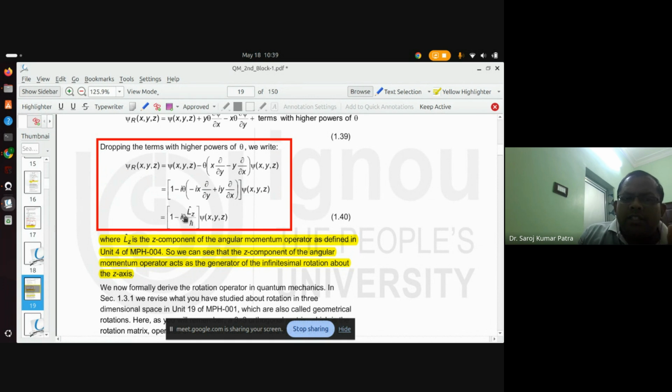Here theta is the amount of rotation and the generator is Lz by h cross. Lz by h cross. वहां पे क्या था Px by h cross. So it is kind of comparable.